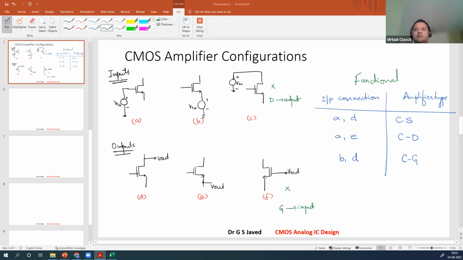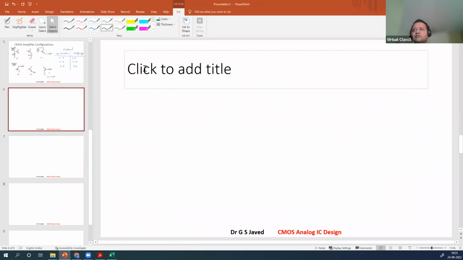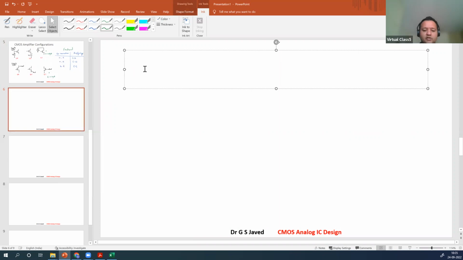Now let us jump into the first of the units. First one is common source amplifier.